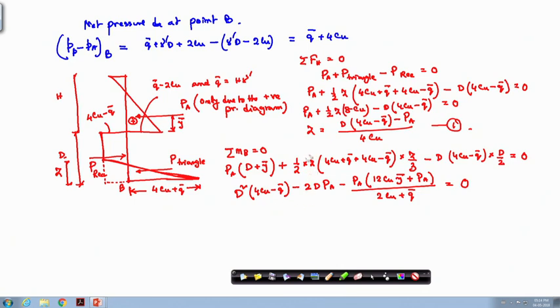I have replaced this z value with expression 1. Finally, I get this equation, and remember that q bar is equal to gamma H or gamma bar H, depending upon the position of the water table.